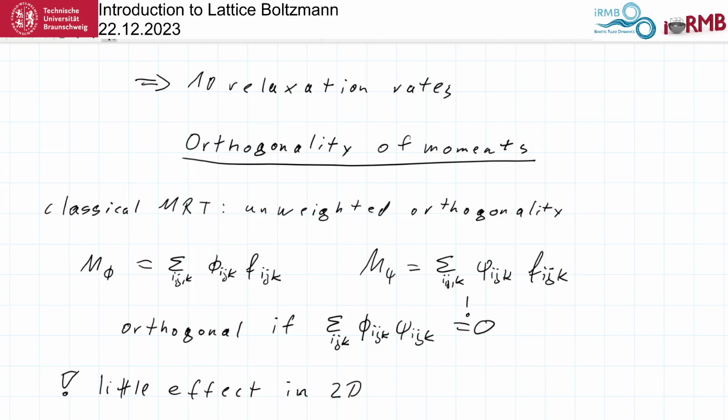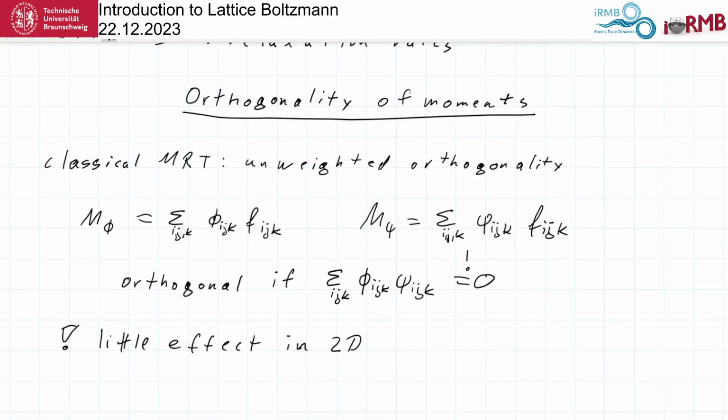So, for example, in 3 dimensions we have turbulence. In 2 dimensions, some people talk about 2-dimensional turbulence, but 2-dimensional turbulence is not the same thing as three-dimensional turbulence just in 2 dimensions. It is something completely different. So what turns out is, using orthogonalization, using no orthogonalization, whatever, in 2D we'll see no difference.